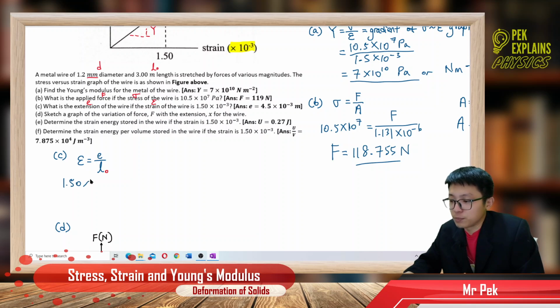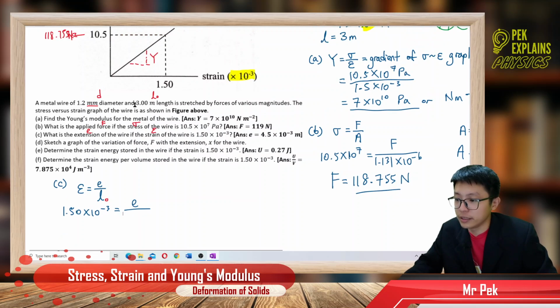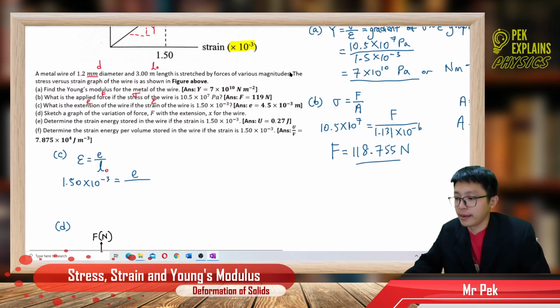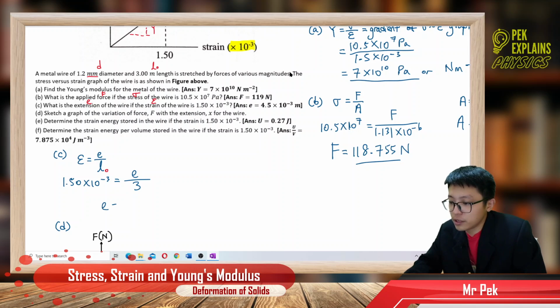1.5 exponent negative 3 is equal to elongation over original length. The original length is 3 meter. So what's my elongation?